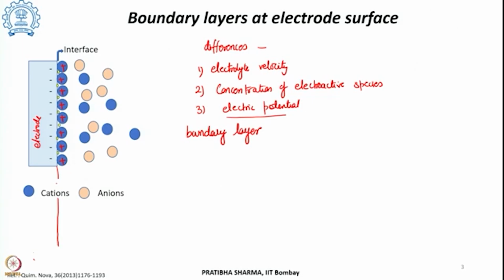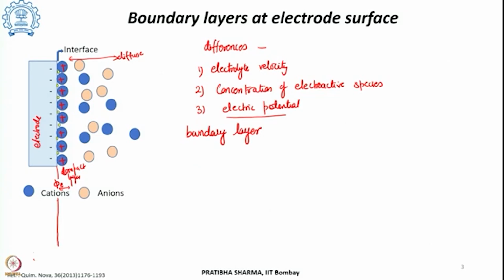Let us say at the electrode surface the potential is phi E, this is the compact layer which is being formed, and the remaining is a diffuse layer, which has ions distributed more than that in the electrolyte close to the electrode.